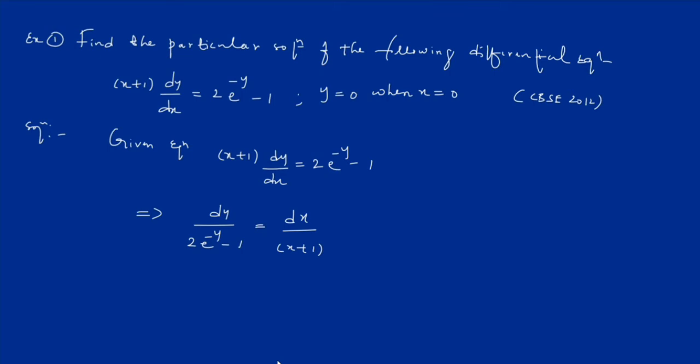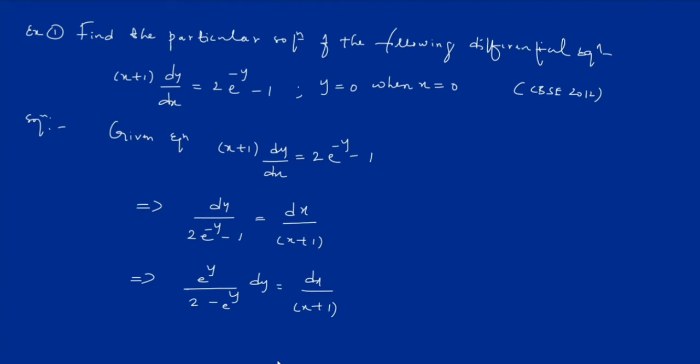Now multiplying by e to the power of y, we get e to the power of y in the numerator, and in the denominator 2 minus e to the power of y, into dy, which equals dx upon x plus 1.